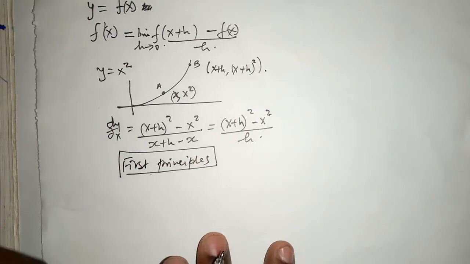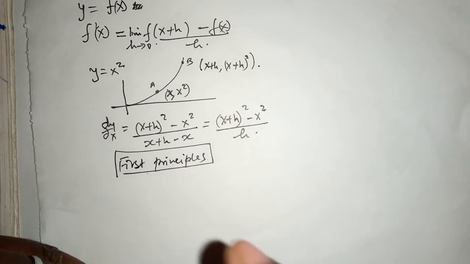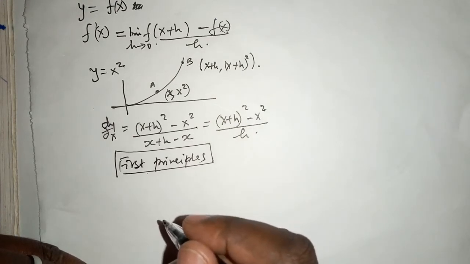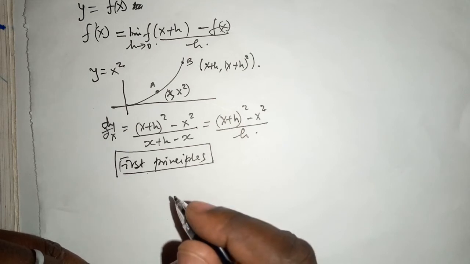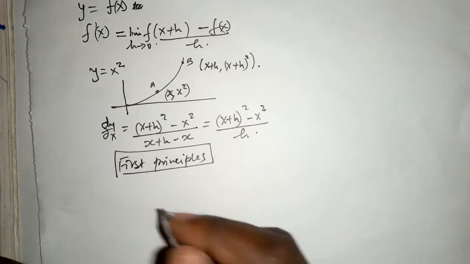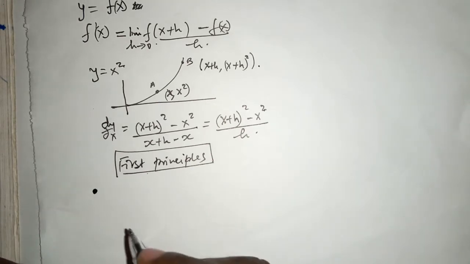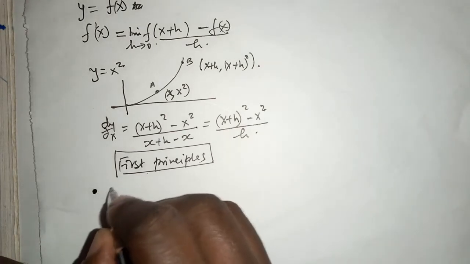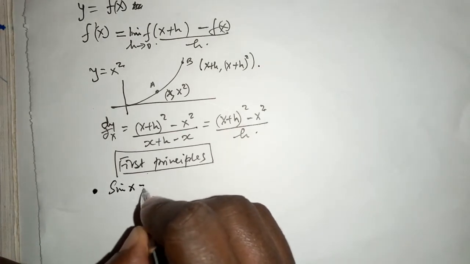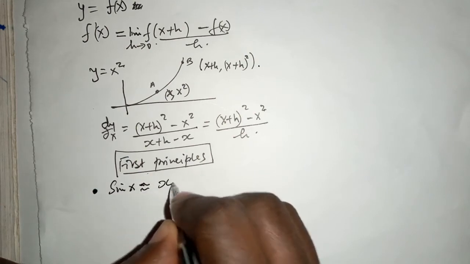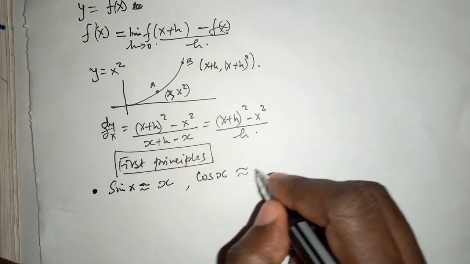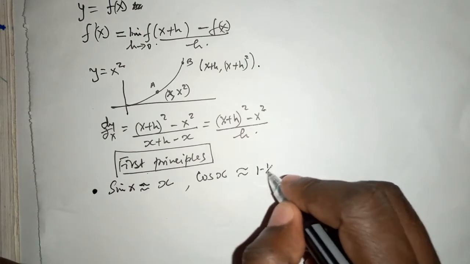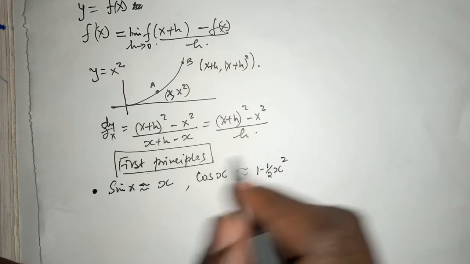I would also want everybody to note that to differentiate sine x and cosine x from first principles, we can use the following small angle approximations for sine and cosine when the angle is measured in radians. These are some standard information: sine x approaches x, and cosine x approaches 1 minus a half x squared.